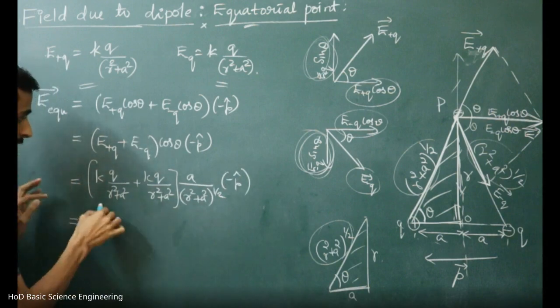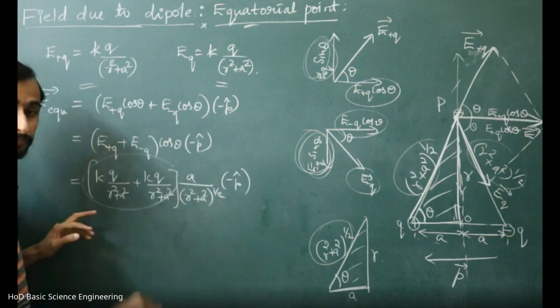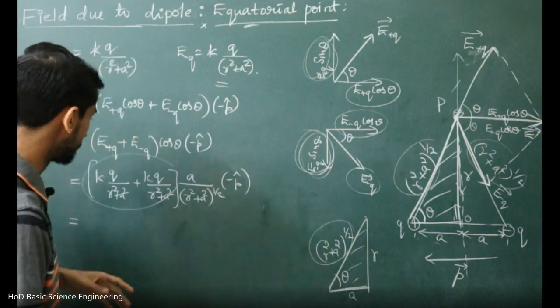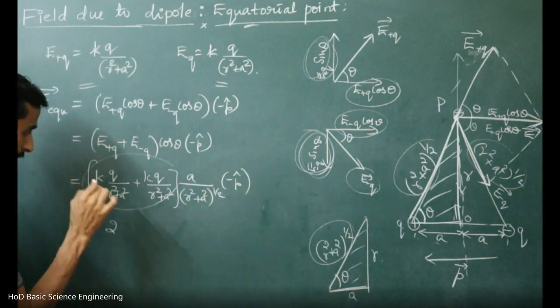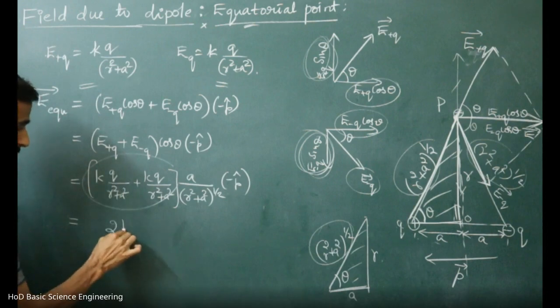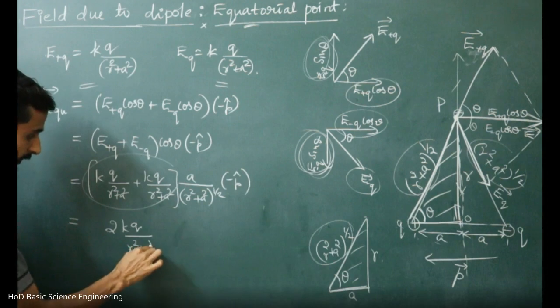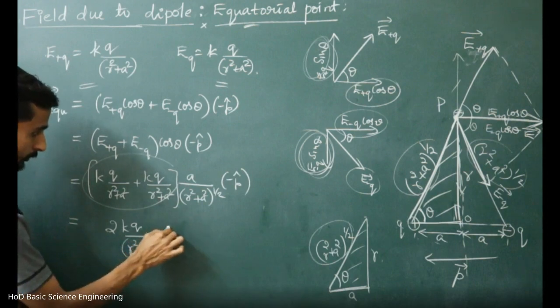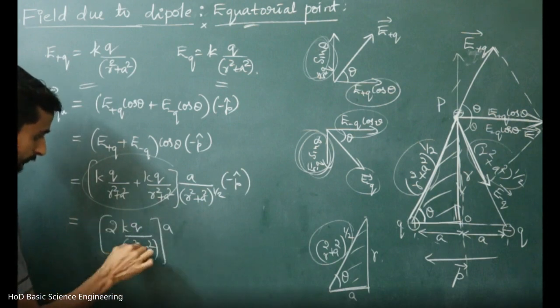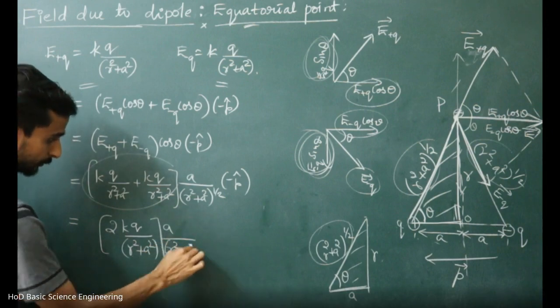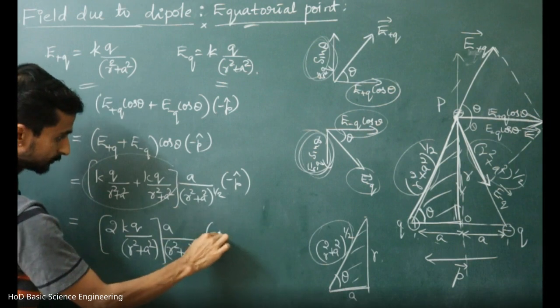If you look at these two terms, they are the same. Therefore we can write that as 2 times k q divided by r square plus a square into a divided by r square plus a square to the power half into minus p cap.